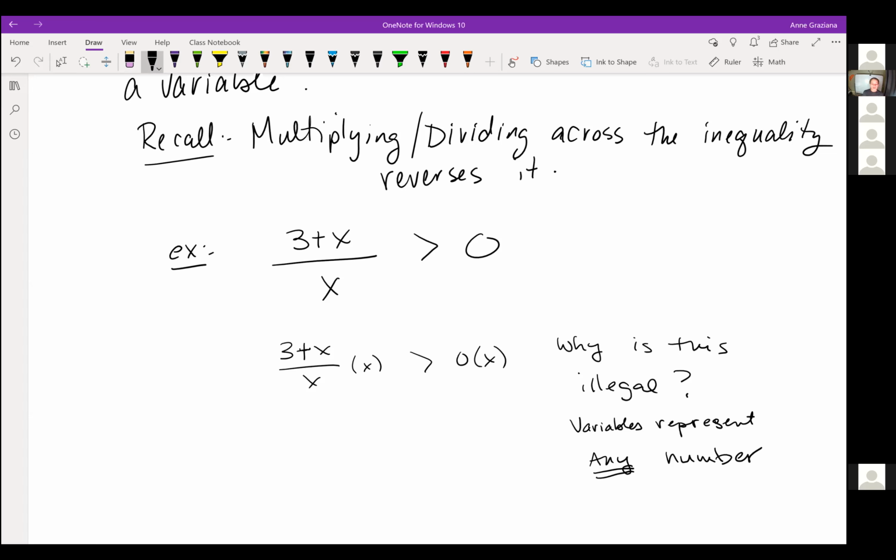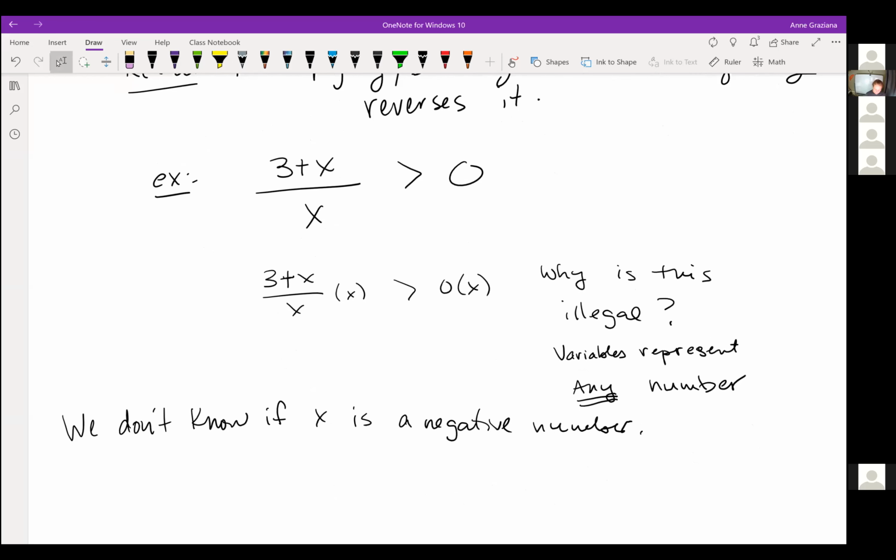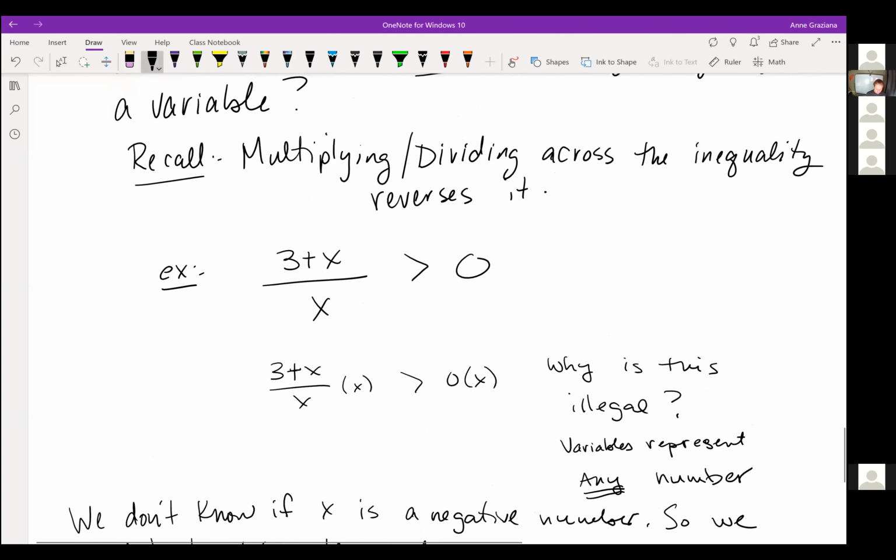All right, anyway, so the variables represent any number. We don't know if x is a negative number. Therefore, we don't know the rules. So we could be breaking the rule where if you multiply or divide by a negative, you have to reverse it.